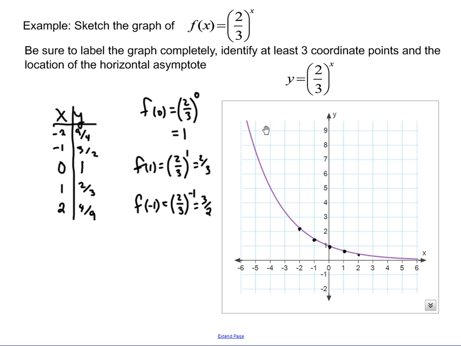As this is a function with a base that is less than 1 but greater than 0, it decreases as we go from left to right.